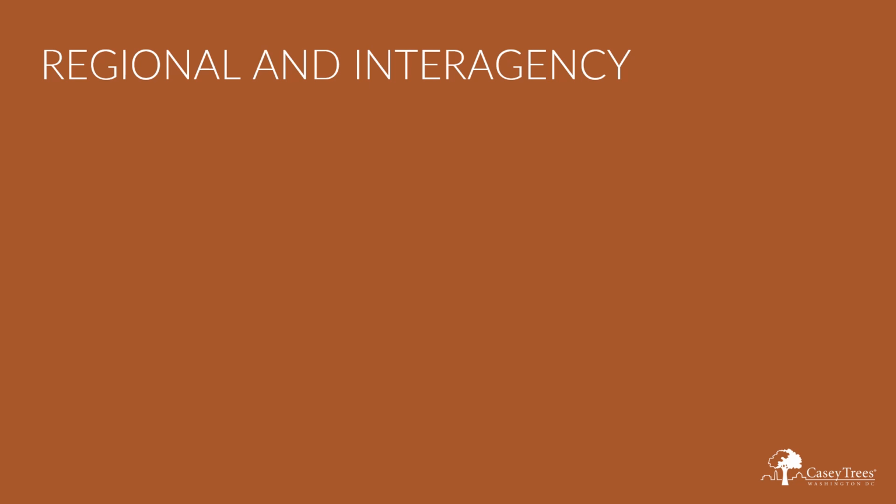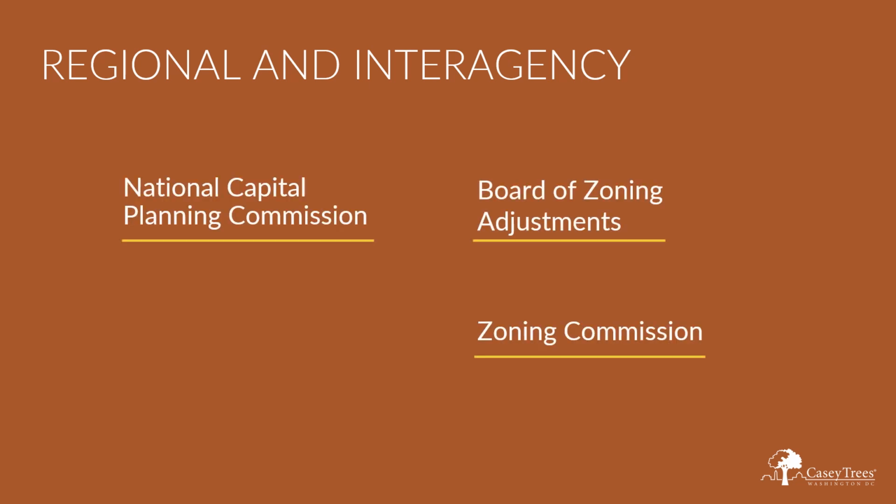In addition to the council and agencies, DC is involved in, and Casey Trees advocates to, many regional and interagency governing bodies. The National Capital Planning Commission, or NCPC, and the Zoning Commission and Board of Zoning Adjustments, or BZA, focus on growth and development in the district.